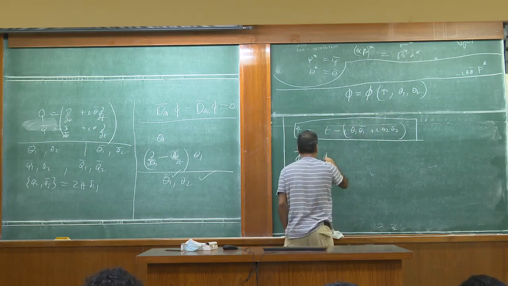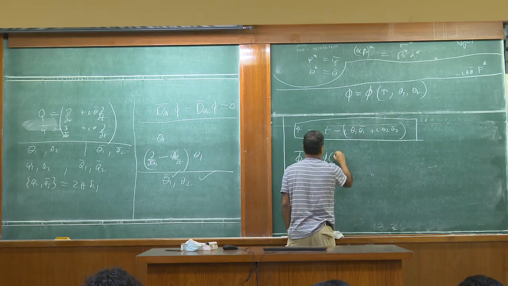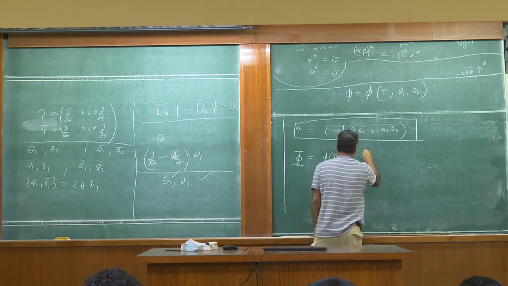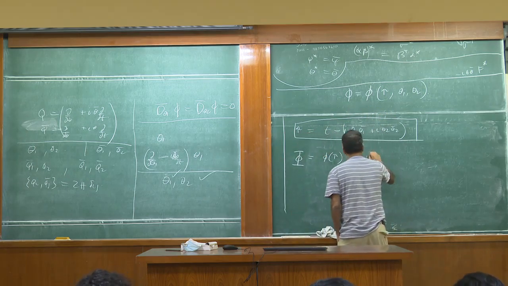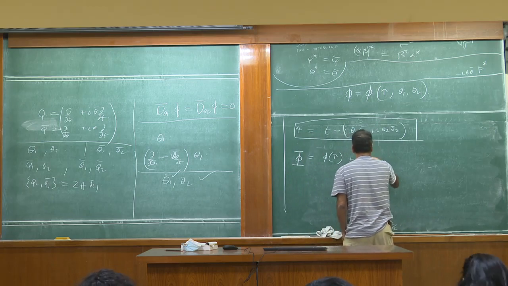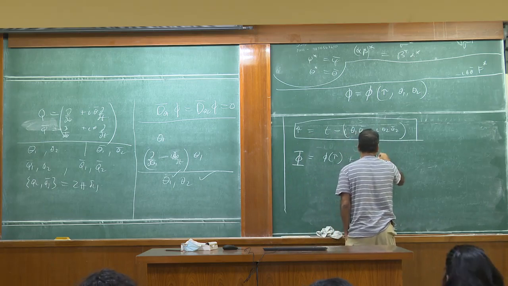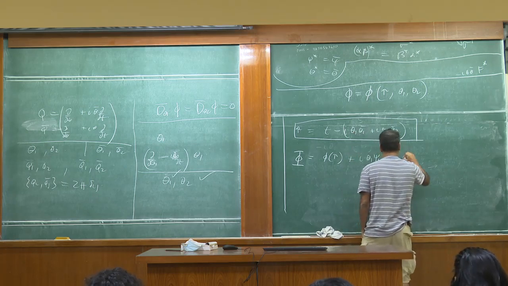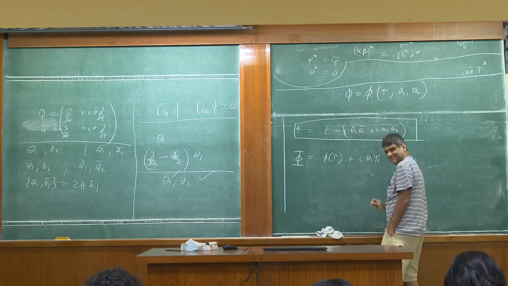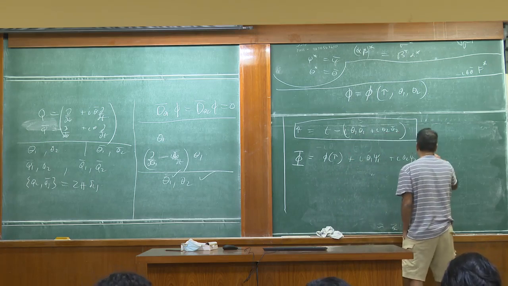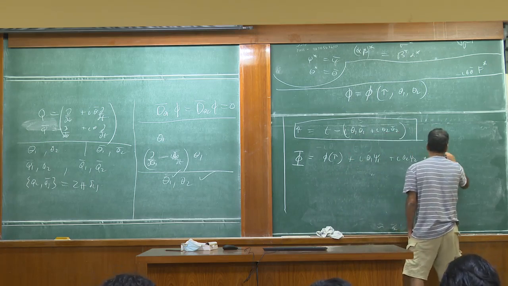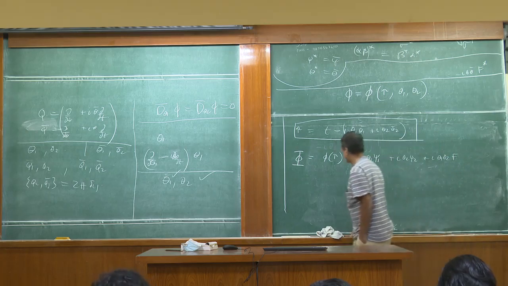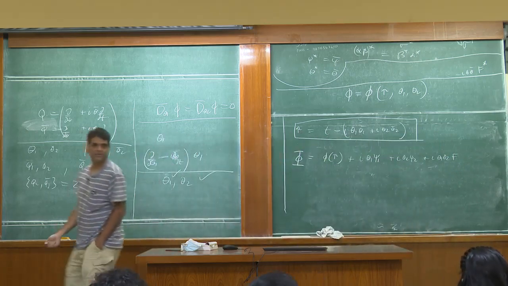So let's say first I expand it as phi of tau plus I, and let me call this theta 1 psi 1, plus I theta 2 psi 2, plus I theta 1 theta 2 f. We may drop some of these i's later on if that proves to be convenient.